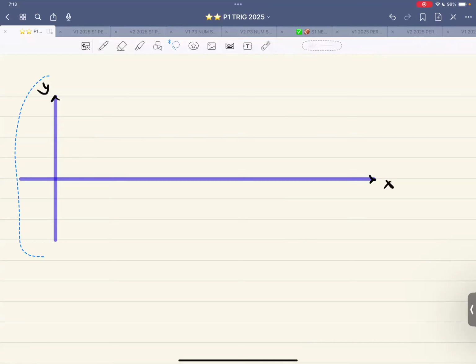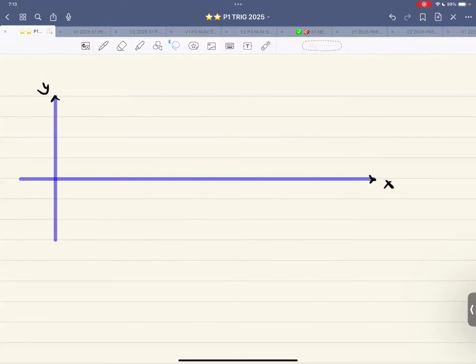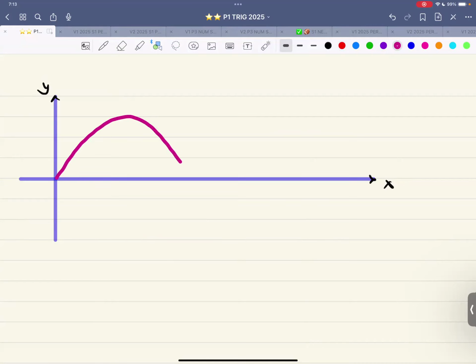Let me copy this and add the element over here. Okay, so now the graph is something like this. There is one portion like this, and then let me extend it a bit, and then there is another portion like this.